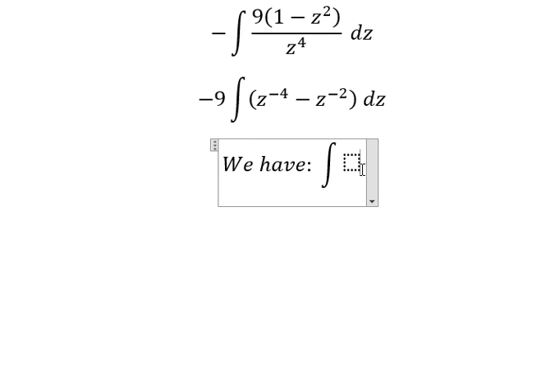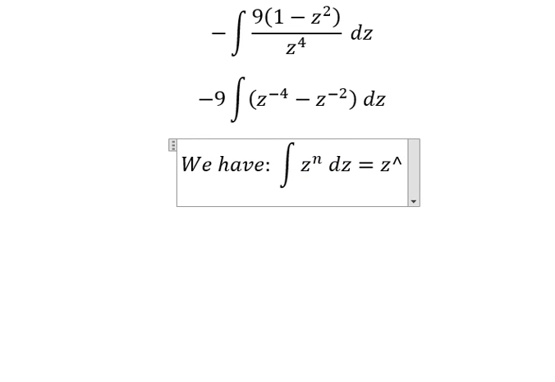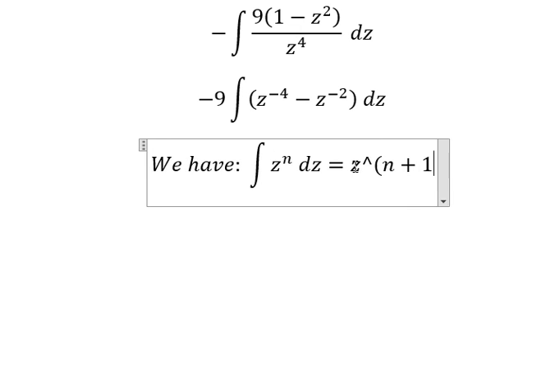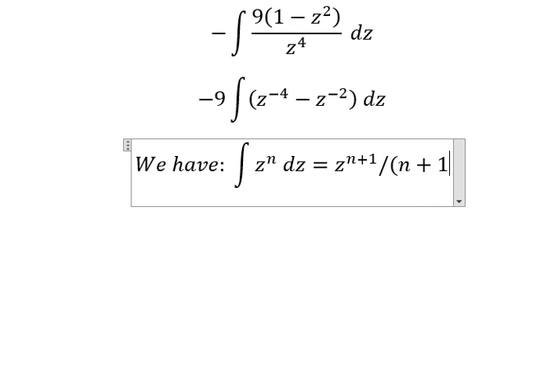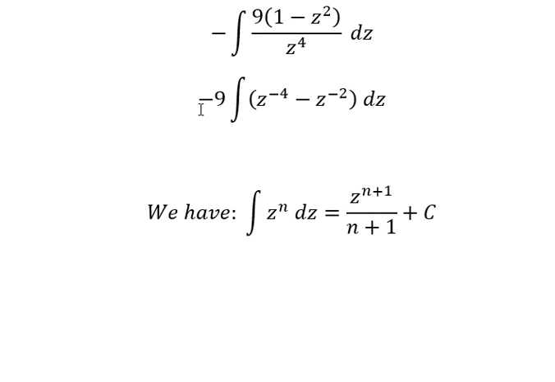The integration of z to the power of n dz, we have z to the power of n plus 1 over n plus 1, and I will put c. And now we have the final answer.